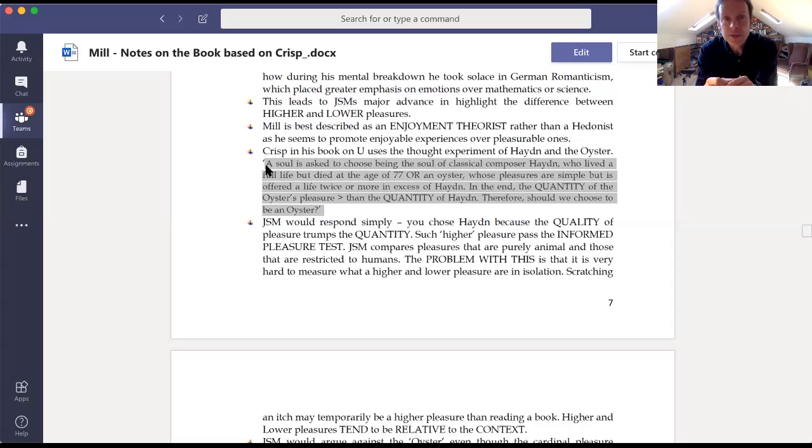Haydn, even at his graduation in 1793, had the university orchestra play, and I think he directed that. So, an immensely fulfilling life. How do you weigh those two up against each other?